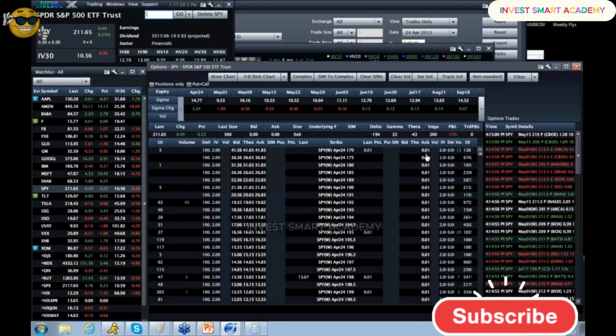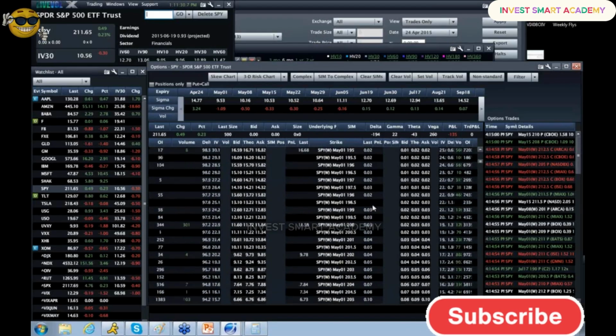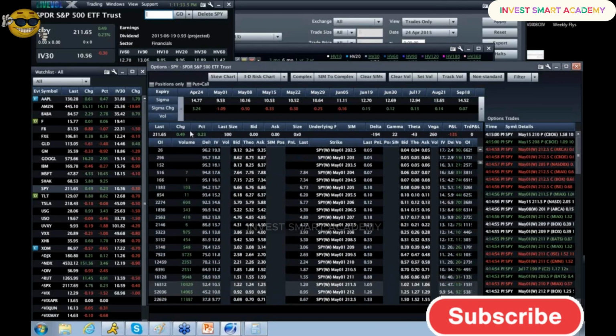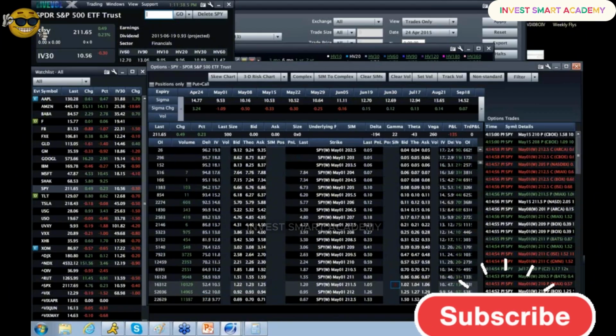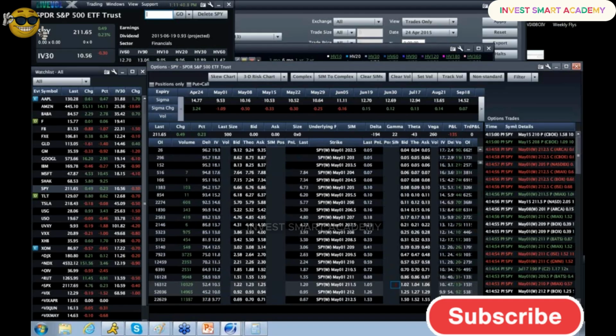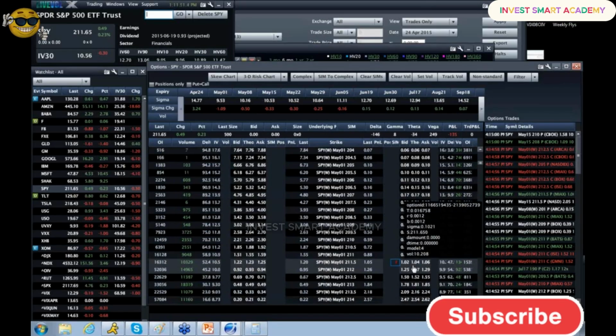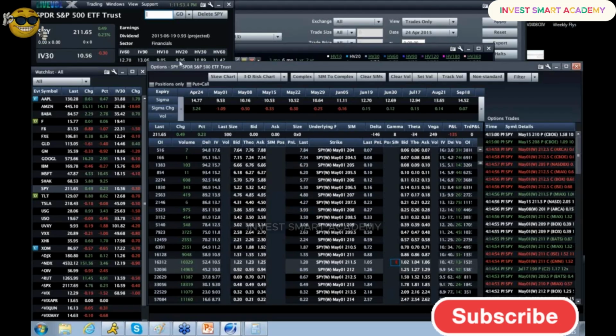All right. So here's the trade I would do. So it's SPY. I sell the just out of the money option. So I collect $1 on the 211.15s. I let this thing expire. And if it expires in the money, you know what I do? I take delivery.